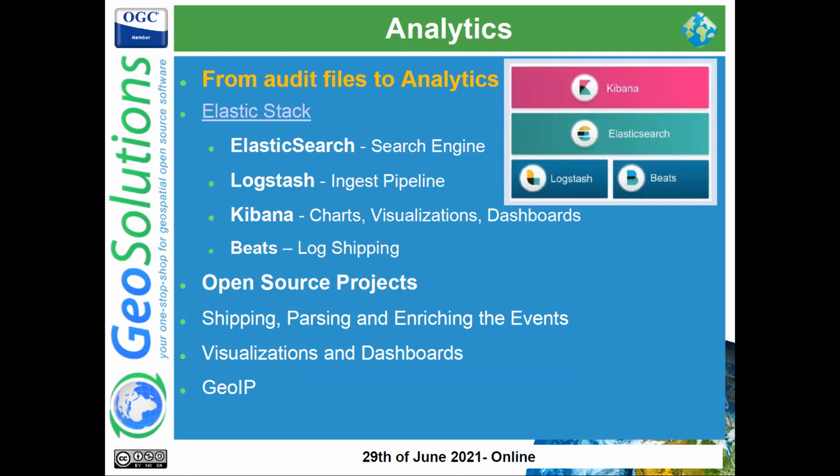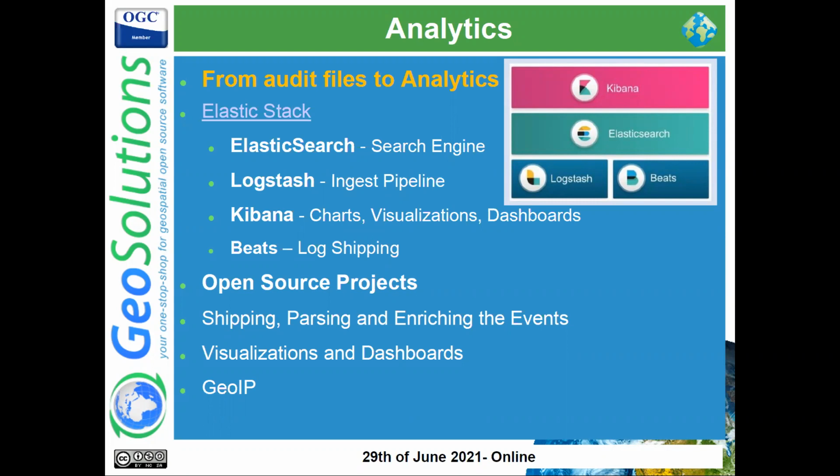Okay, analytics. Here we look at how to implement analytics for GeoServer using the ELK stack. The Elastic Stack is comprised of a few services: Elasticsearch, Logstash, Kibana, and, generally speaking, Beats.